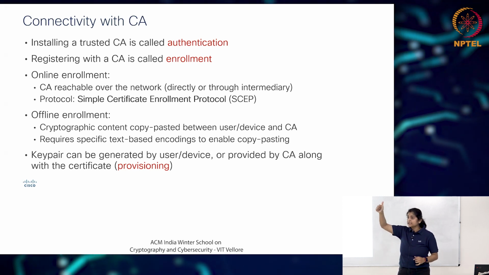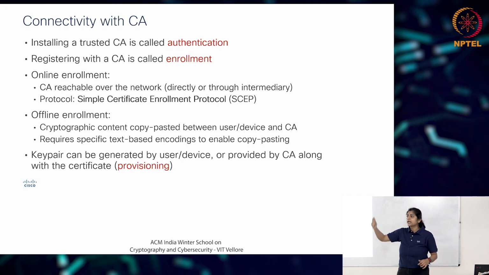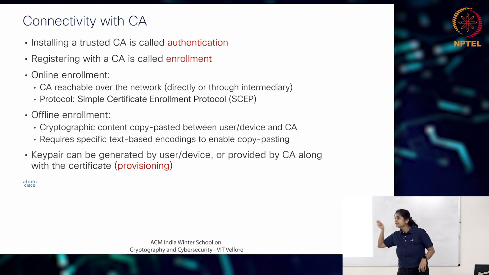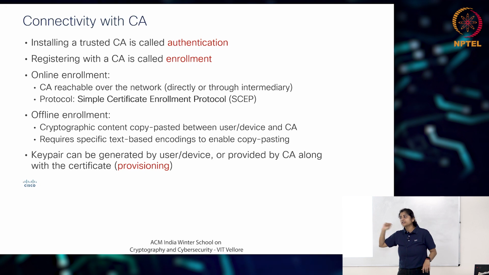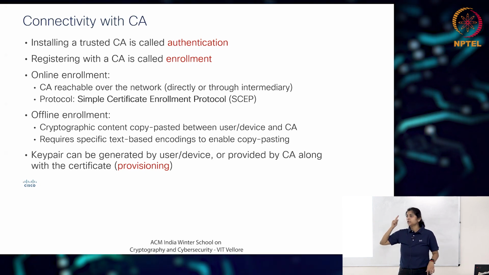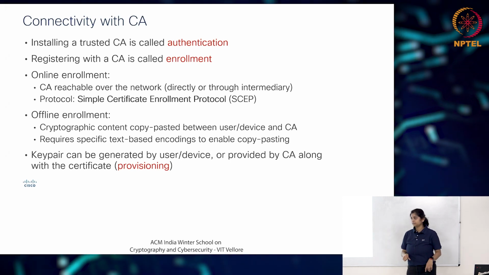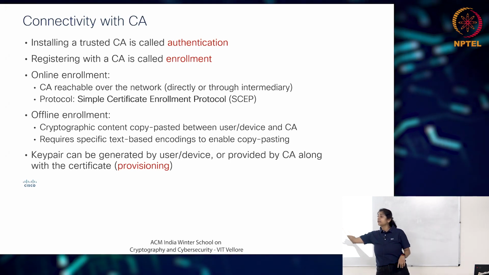Before making that PSK decision, PSK versus PKI, if you are using PKI, first ask, do we have a CA in common? If you have a CA in common, authenticate yourself with that CA, meaning get the CA certificate in your system. That is when you will be able to verify each other, right?